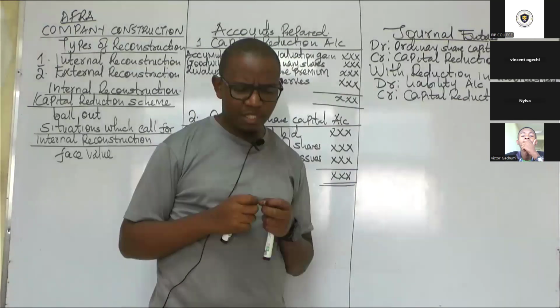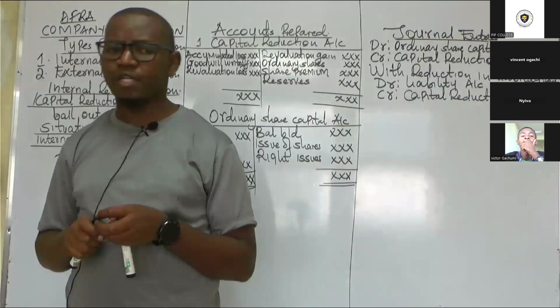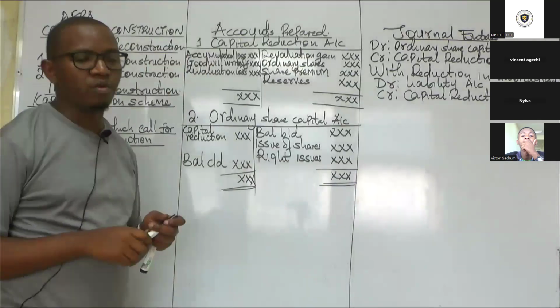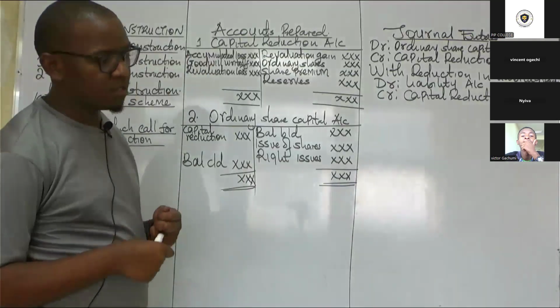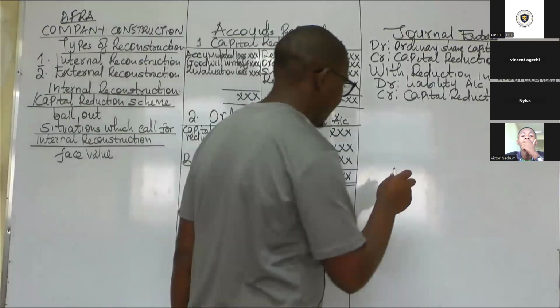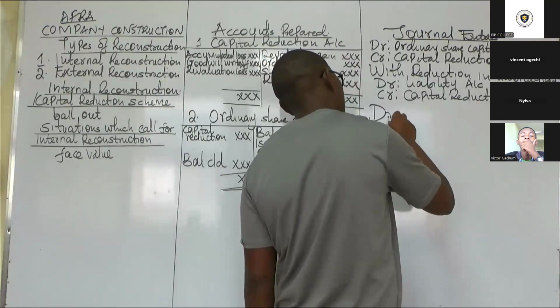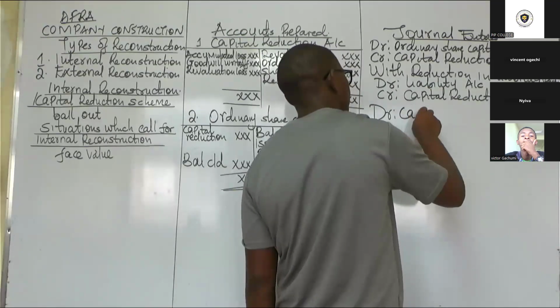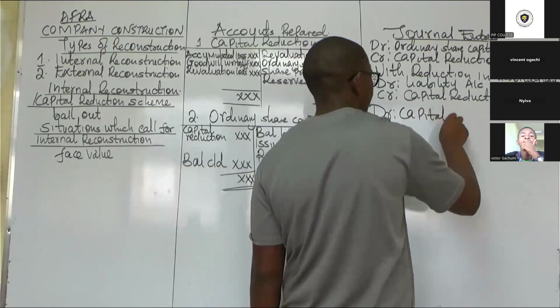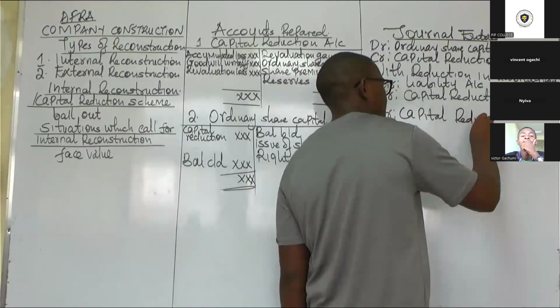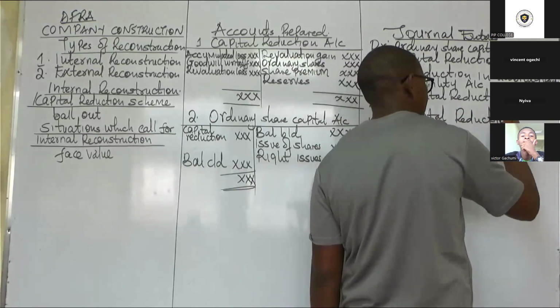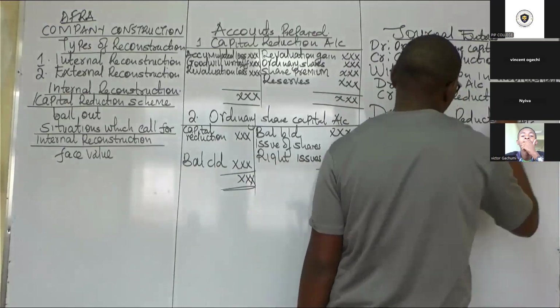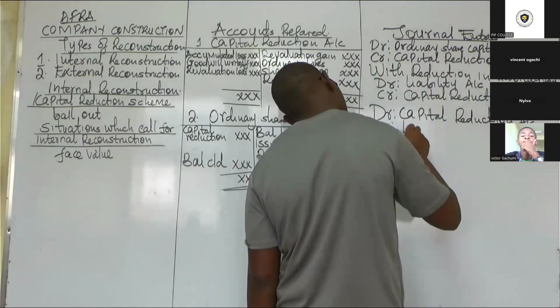The other one is with accumulated losses written off. With accumulated losses written off, you will debit the capital reduction, then credit the retained earnings.